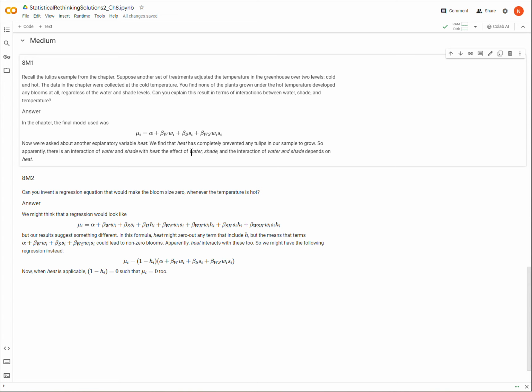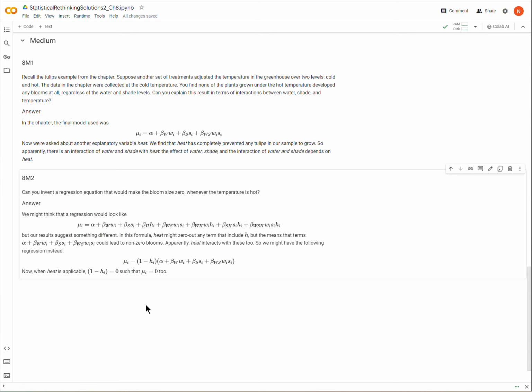Because the effect of water, the effect of shade, and then the interaction between them all apparently depend on heat, right? So heat is interacting with each one of these variables, and even actually the intercept here, right? I think later we'll figure out that we can actually have a different intercept for both hot temperatures and cold temperatures, or whatever is applicable to the particular problem.